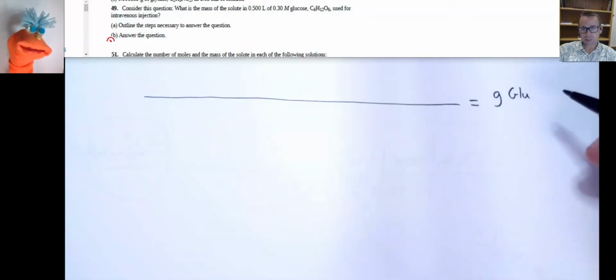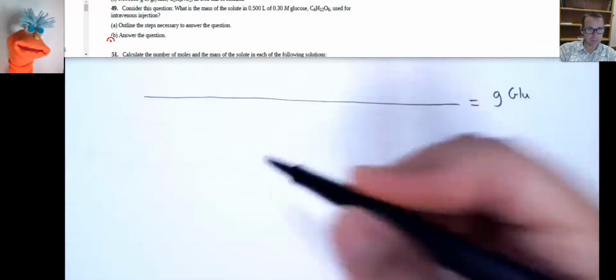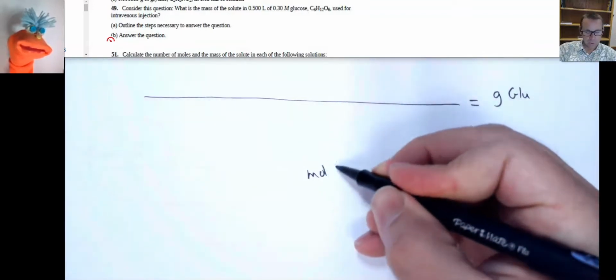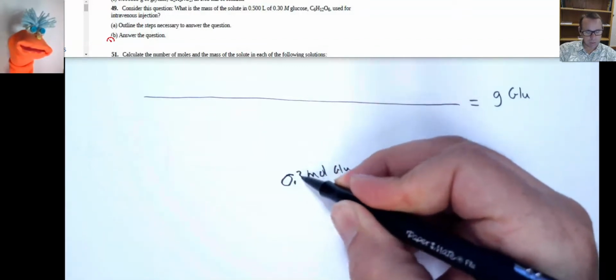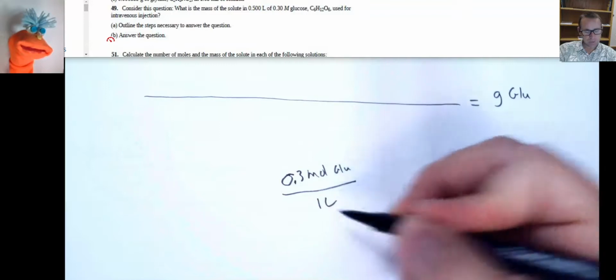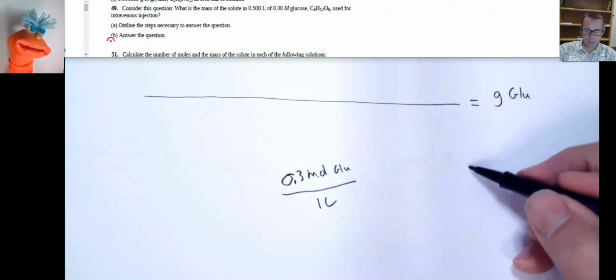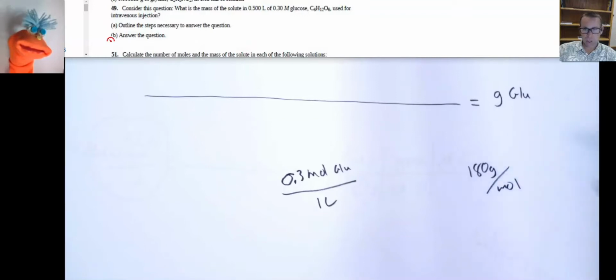So this isn't necessarily clear in any of your guys' minds at this point. But if we recognize that we're given molarity, which is moles of glucose, it's 0.3 moles of glucose for every liter of solution, right? And the molar mass of glucose I see is 180 grams per mole, right?